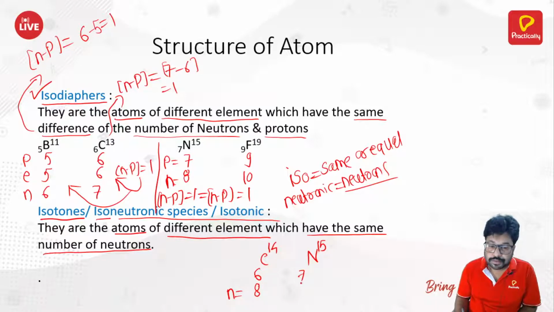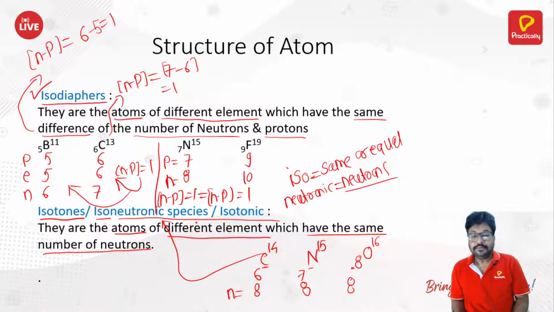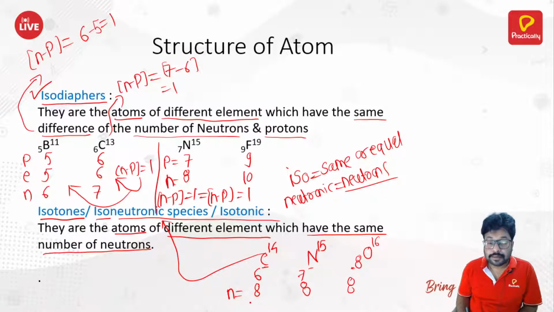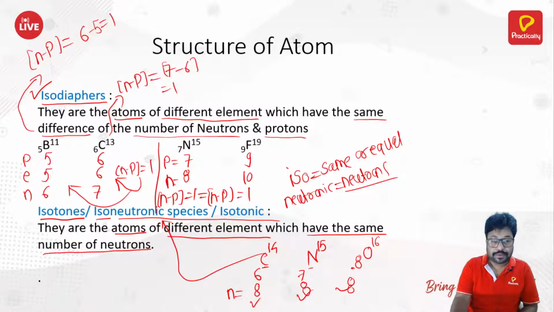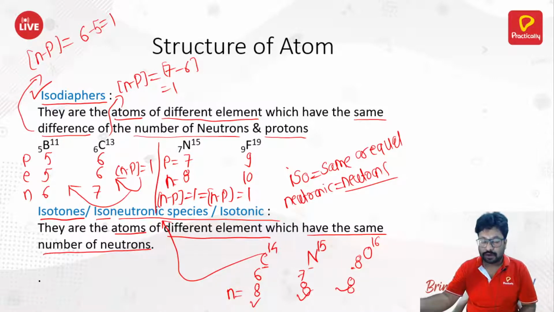For nitrogen, 15 minus 7, 8. In fact, you can also take oxygen here. Atomic number 8, mass number 16. 16 minus 8, 8. See, all these three species are isotones of each other because they have the same number of neutrons. So species having the same number of neutrons are called isotones.